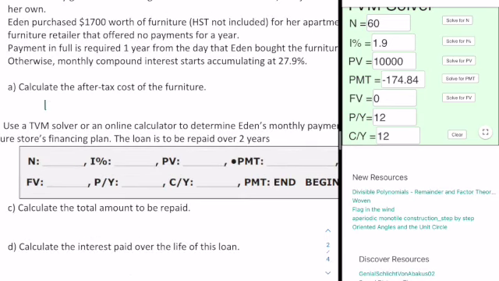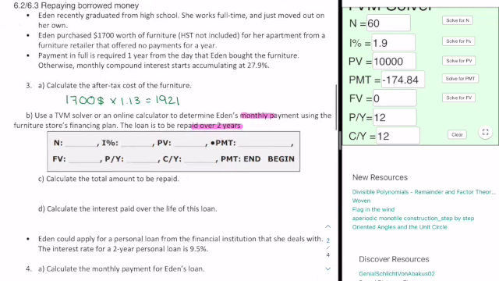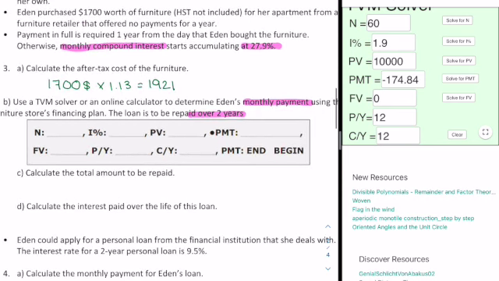$1,700 times 1.13 will give us $1,921. And then we're going to put everything into the calculator. It's for 2 years, and it's a monthly payment. And here it said compounded monthly at 27.9. So our present value is what she's going to be borrowing.